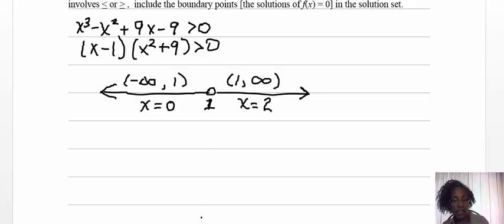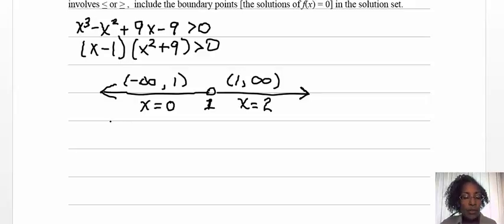If I have a less than or equal to or greater than or equal to inequality, I'll include the boundary points when I give the final solution. So I've selected a test number in each interval. One thing you have to be careful of is that the test numbers you select really are in your interval. So I'm going to test x equals 0 for the leftmost interval, and x equals 2 as the test value for the rightmost interval.